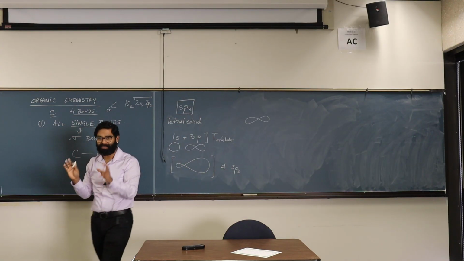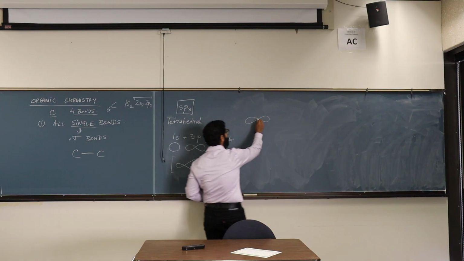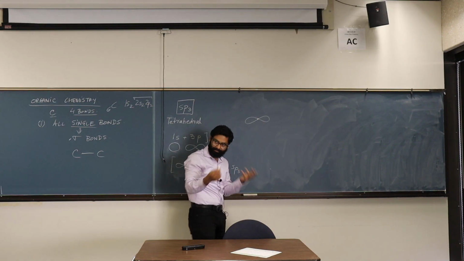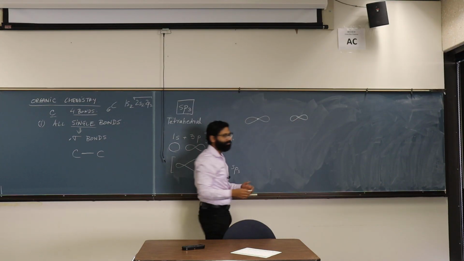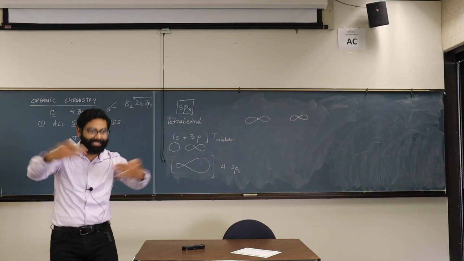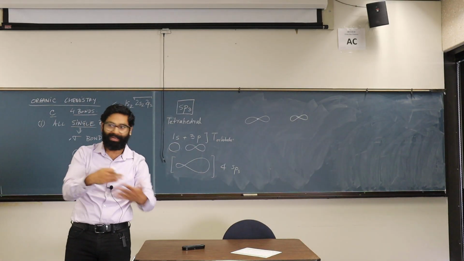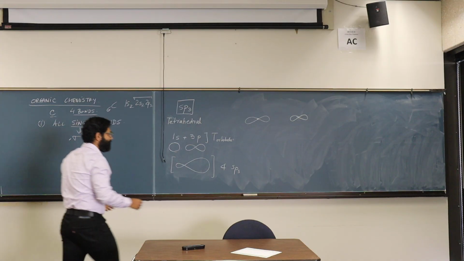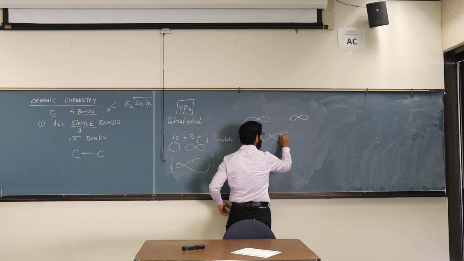Let's go back to very simplistically and then we'll go to the sp3. If you have a p orbital from one atom and a p orbital from some other atom, what is bonding? The bonding is the interaction of these two orbitals, right? They will come together and they will overlap.